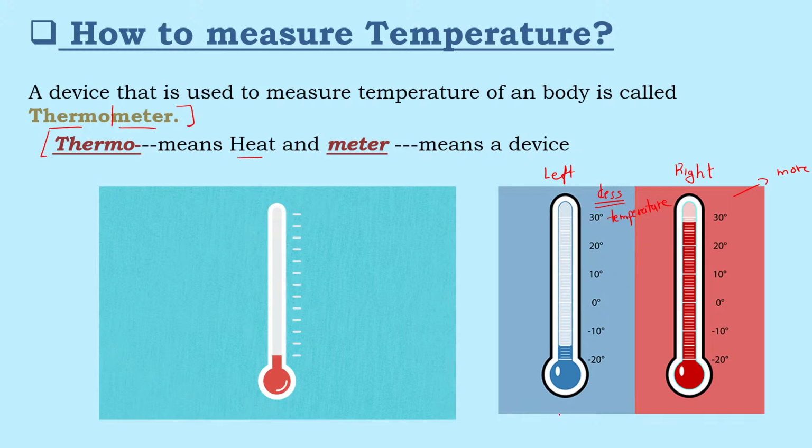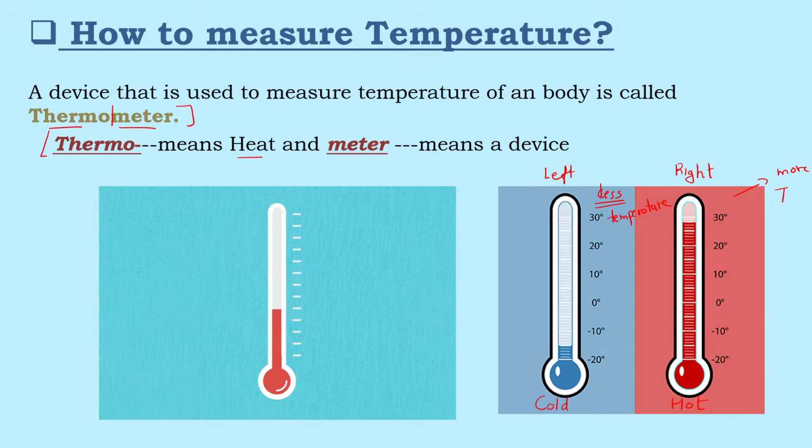Yes, it will be a cold object. Whereas this object, which is showing more temperature, will be a hot object. So temperature can be measured using a device, as I have told you, and that device is called a thermometer.